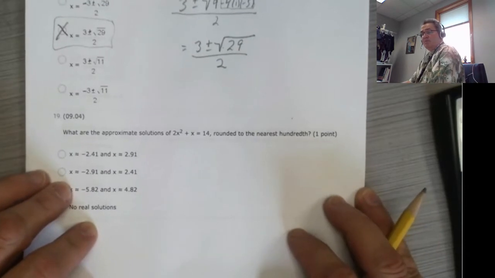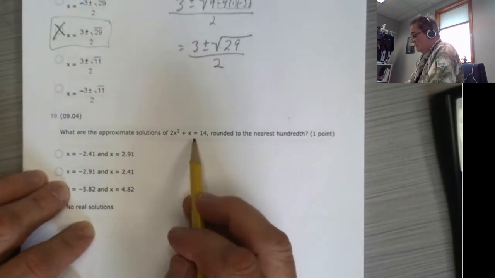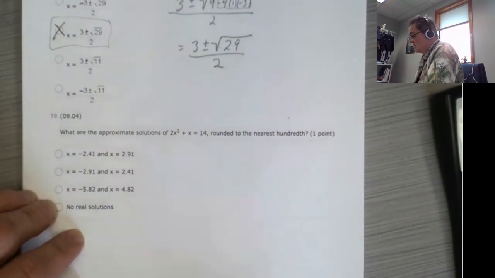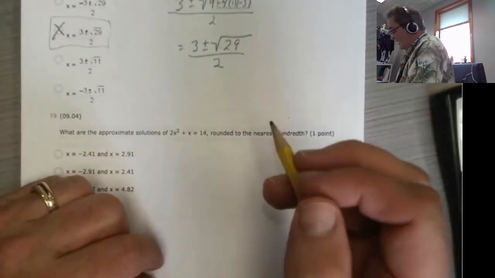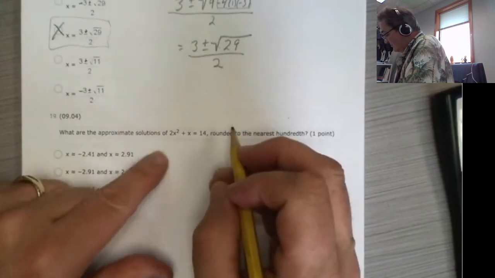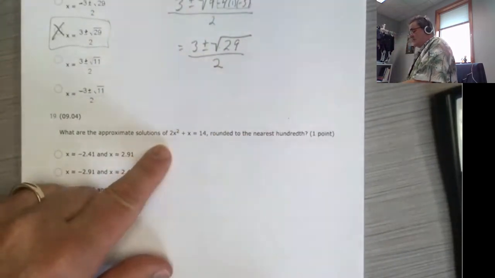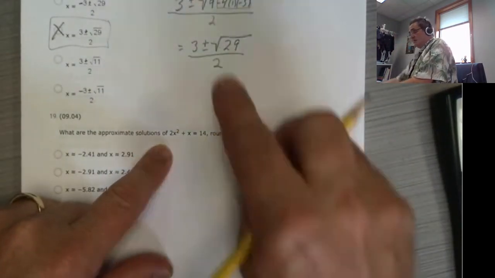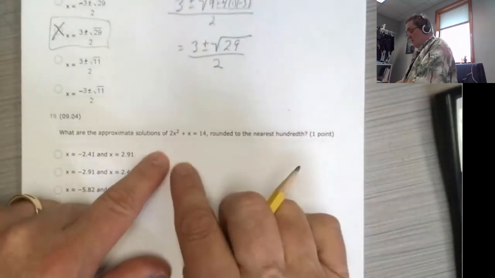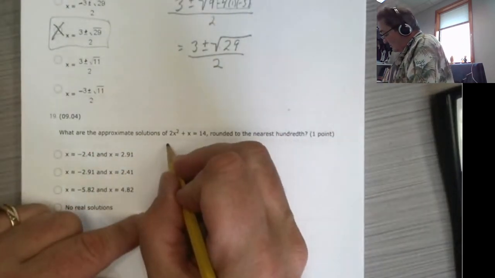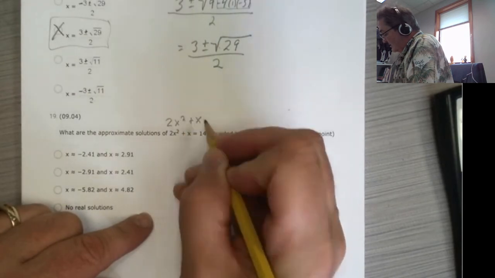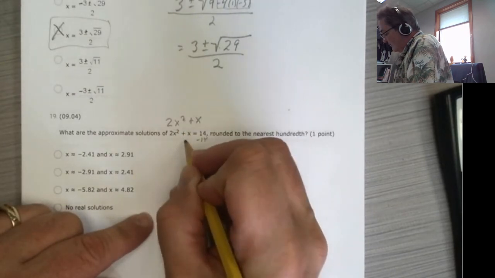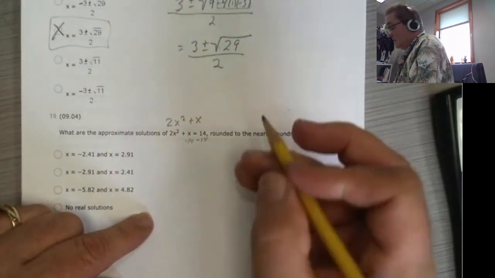All right, what are the approximate solutions of 2x squared plus x equals 14, rounded to the nearest 100th? So we're going to do the same thing we did up here, but this time we're going to have to set this equal to 0 to figure out what our a, b, and c are. If it's not set equal to 0, we'll have a problem. So 2x squared plus x, and then we'd have to subtract 14 from both sides to move it over.